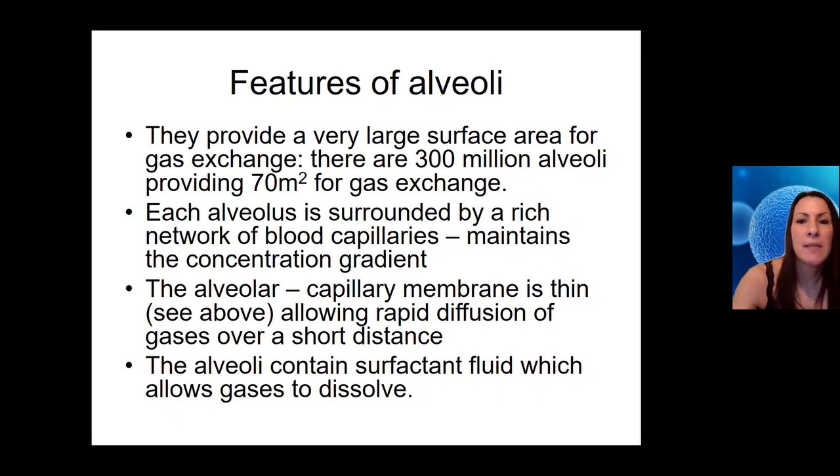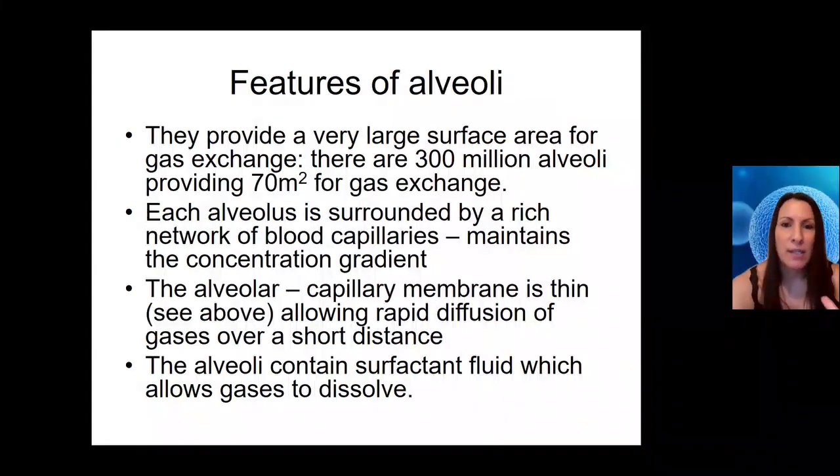The membrane needs to be thin to allow gas exchange to happen at a rapid rate. And the alveoli contain that surfactant, that alveolar fluid, which allows the gases to dissolve and reduces surface tension, keeping those little air sacs open.